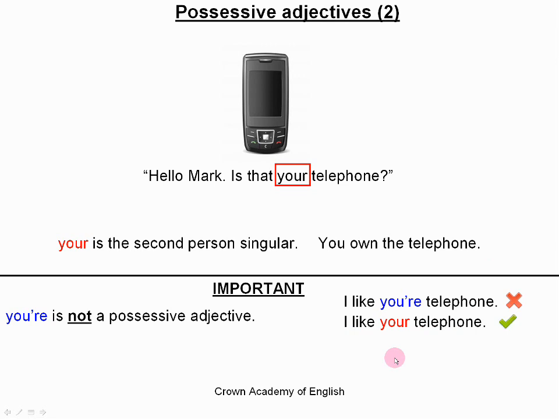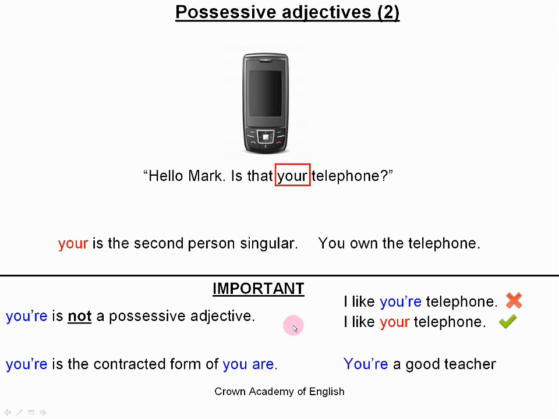I like your telephone, Y-O-U-R, that is correct, because this is a possessive adjective. Your with an apostrophe, that is the contracted form of you are, the verb to be. So for example, you're a good teacher, that is correct.